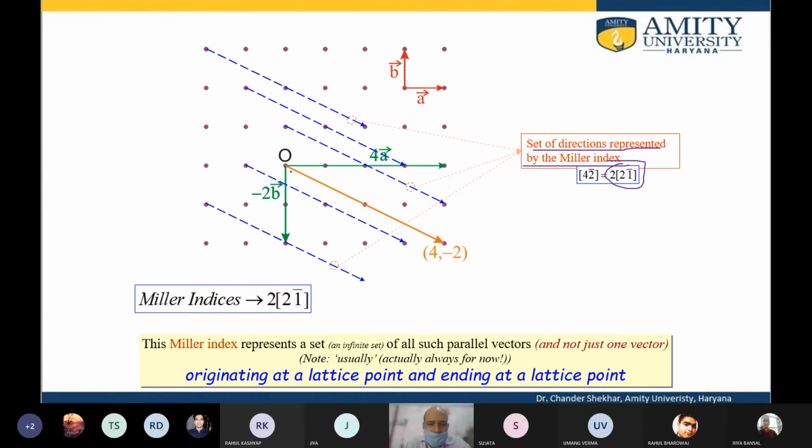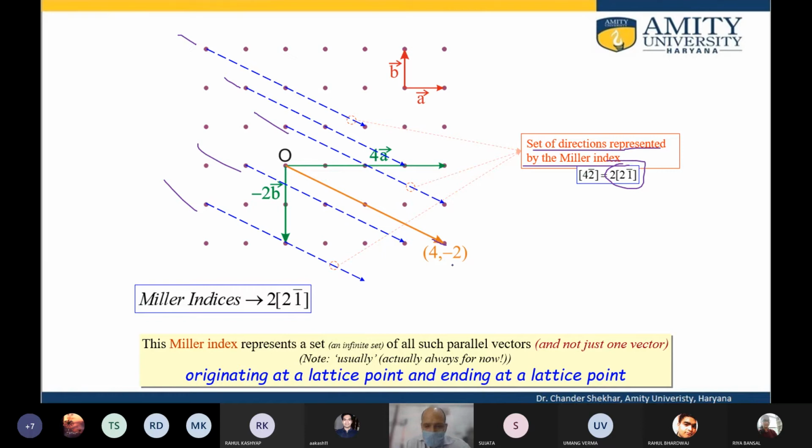So if this is the direction from the origin to a point with coordinate 4, minus 2, all such planes which are parallel to this one, and all of these planes are parallel. Okay, so all the parallel planes will have the same Miller indices. Fine.